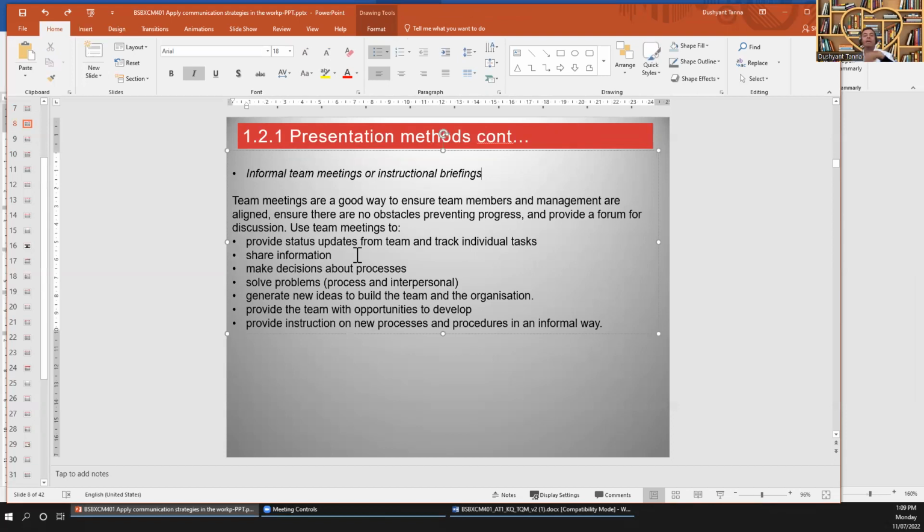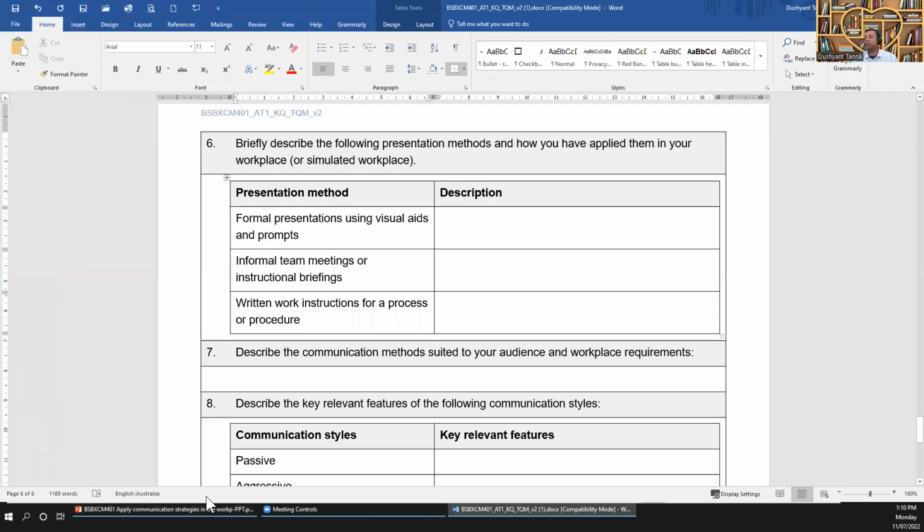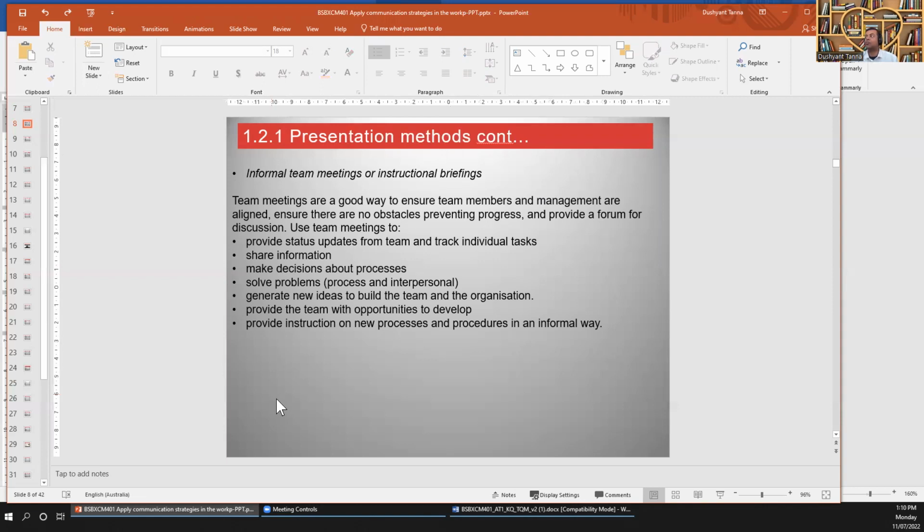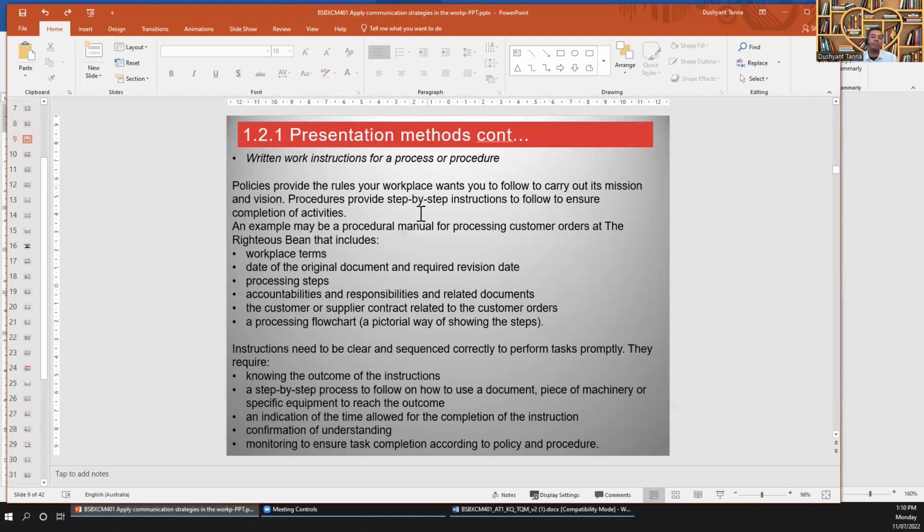Remember I was saying that, okay, if I have to talk about some assessment, I don't need to necessarily make it formal and send you an agenda and invite and everything. I can simply say, hey, I want to talk about this. Would you have 5 minutes and we can go over it? Written work instruction process. If you have to operate any machinery, there should be some specific instructions, step-by-step.